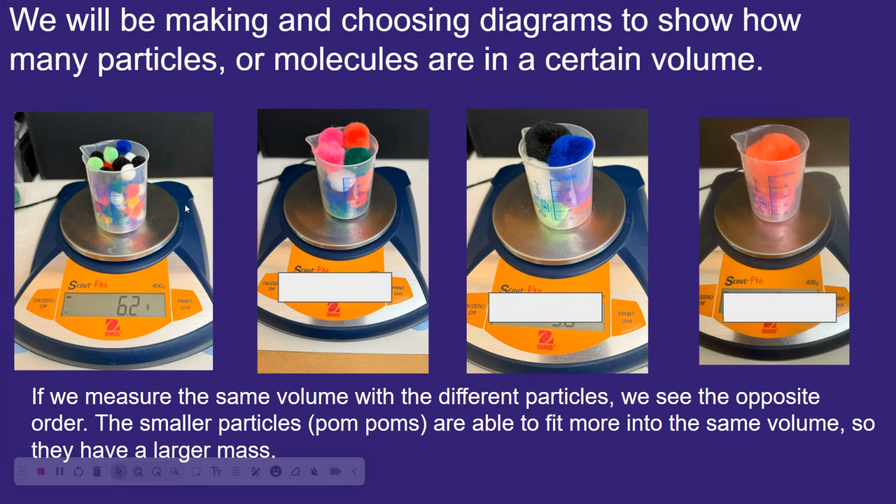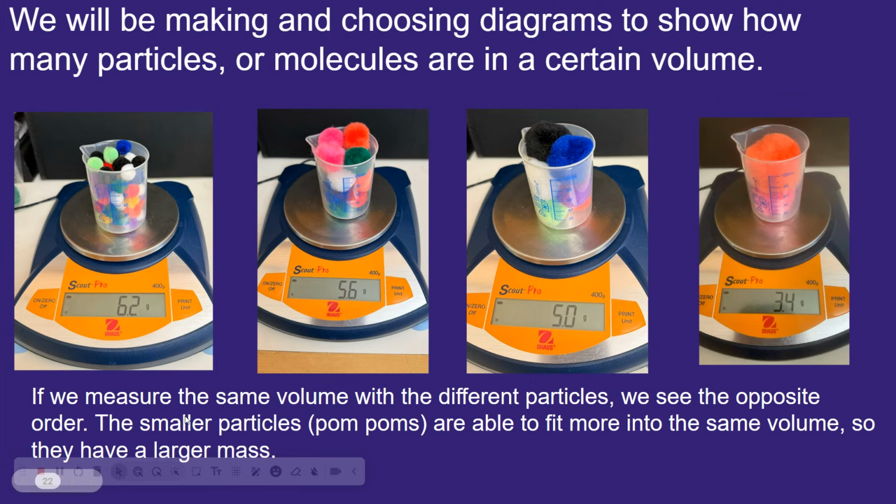Let's see. 6.2, 5.6, 5.0, 3.4. Yeah, the smaller particles are able to fit more into the same volume, so they have a larger mass. If we measure the same volume with different particles, we see the opposite. By the way, this one, the smaller particles or pom-poms are able to fit more into the same volume, so they have a larger mass. That is also a sentence.